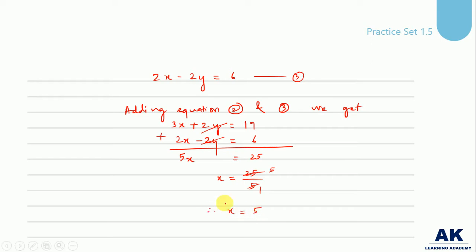Now substituting x is equal to 5 in equation 1, we get, what is equation 1? x minus y is equal to 3, right? Therefore, what is the value of x? It is 5.